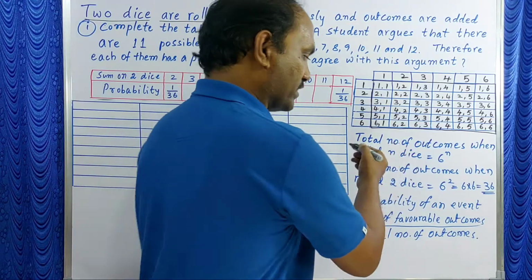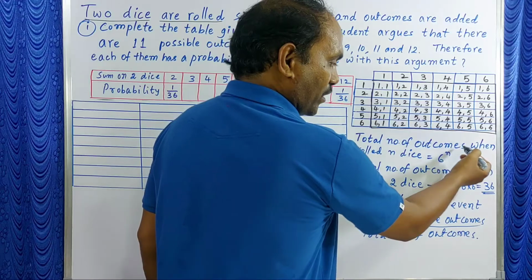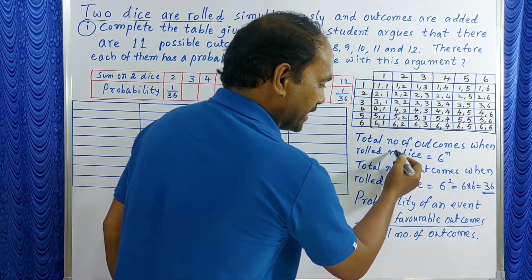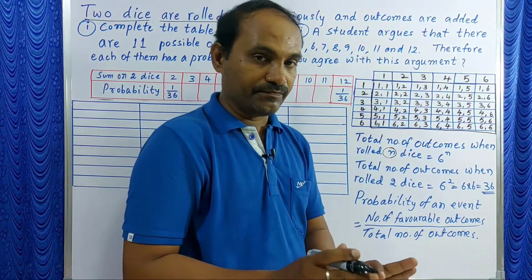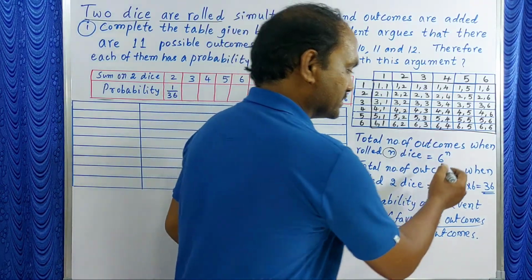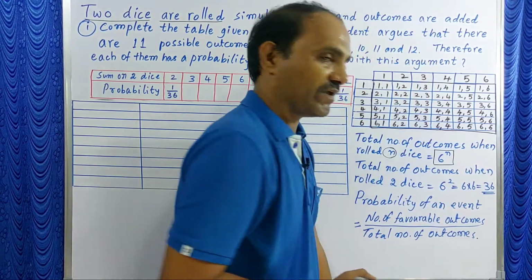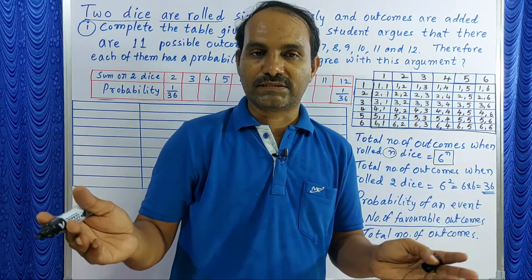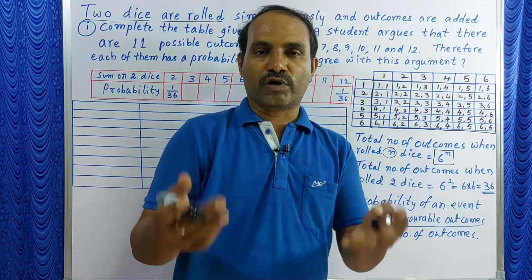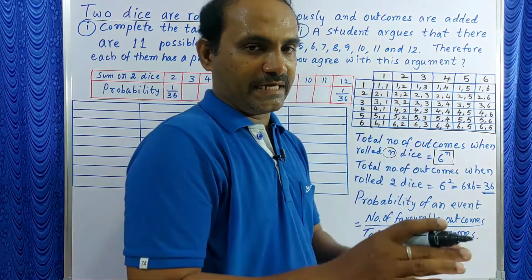Here students, one formula is there. Total number of outcomes when n dice are rolled, here n means number of dice, is 6 power n. By using this formula, you can find it for any number of dice, 4 dice, 5 dice, 10 dice rolling at a time.